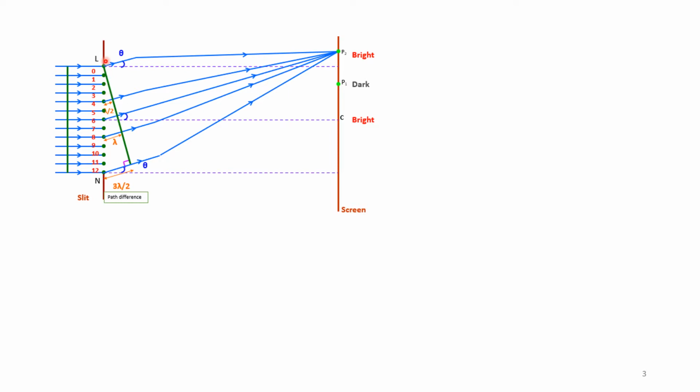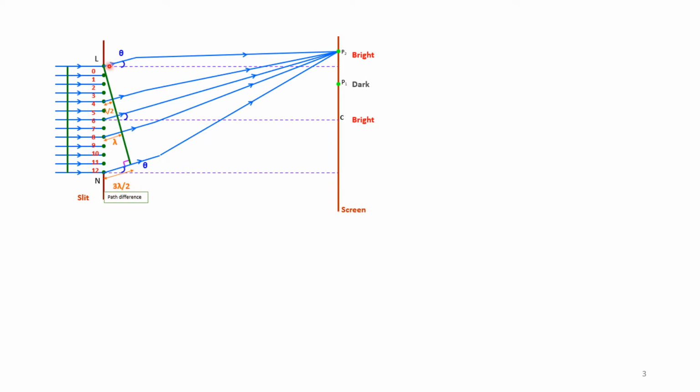So, the path differences are lambda by 2, lambda, and 3 lambda by 2.